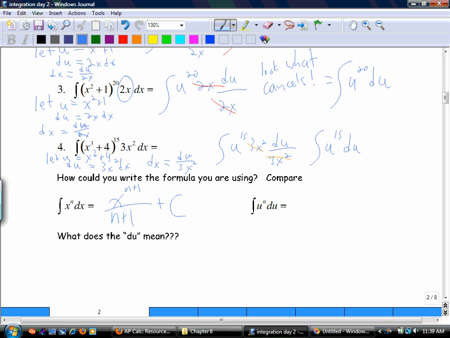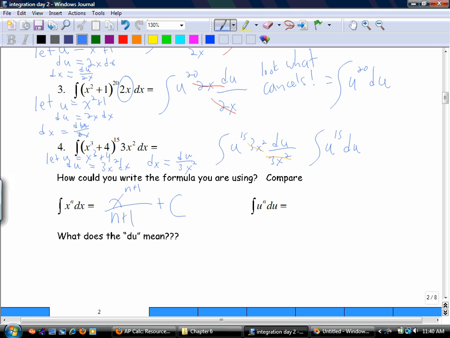Instead of dropping the exponent and subtracting 1 from the exponent, as when you differentiate, now I'm increasing the exponent by 1 and dividing by that new exponent. It's exactly opposite.